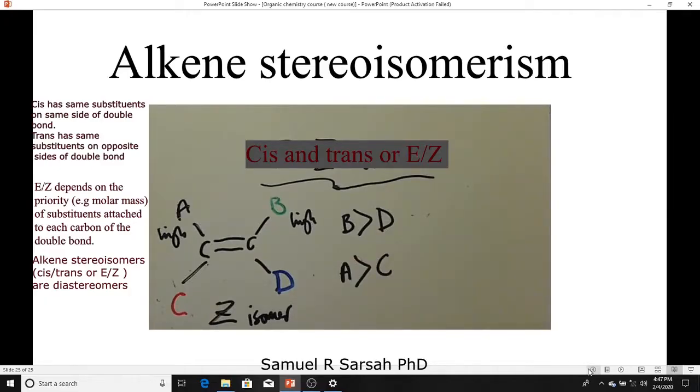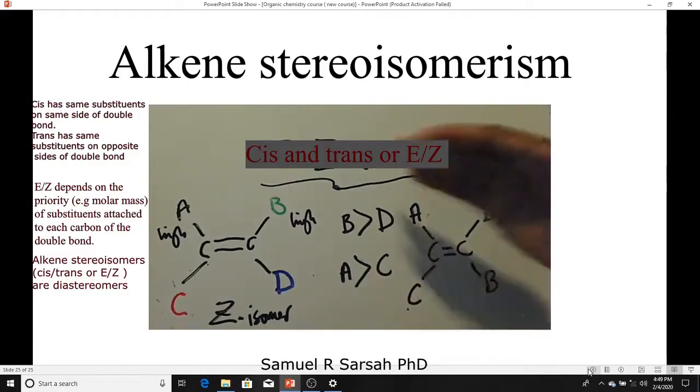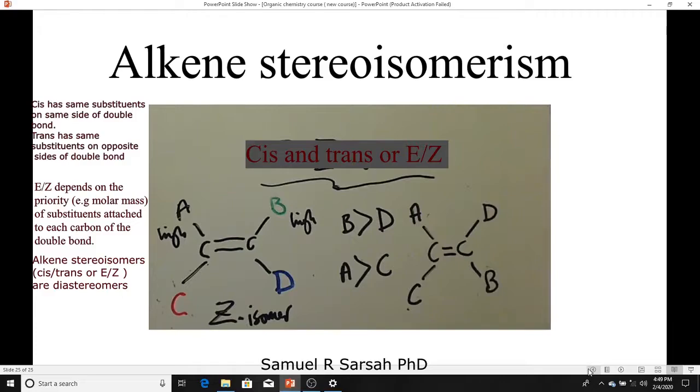And then the other situation will be, we can still use the same system, only that in that case our higher priorities will be across the diagonals of the double bond. So over here we focus on the high priorities.